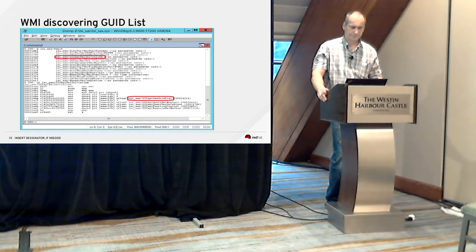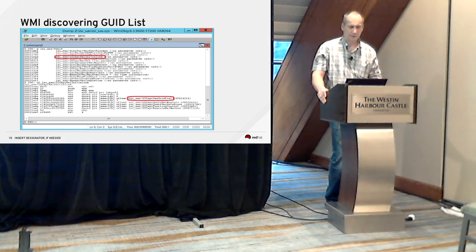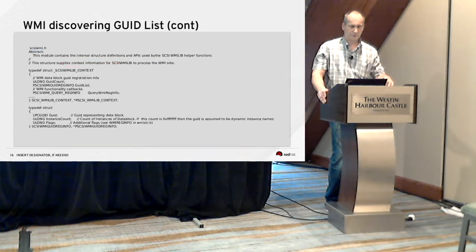And as you can see, part of this function is just initialization of the SAS global UID list. And looking into the WDK documentation, it's pretty easy to find this structure.